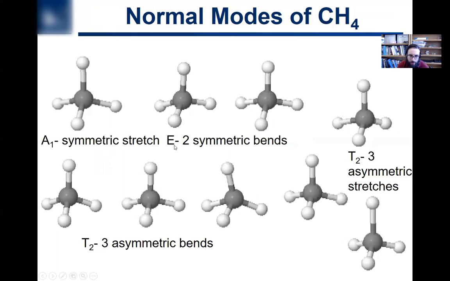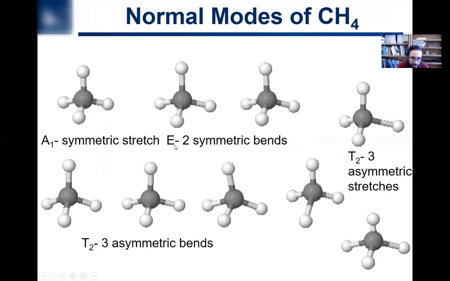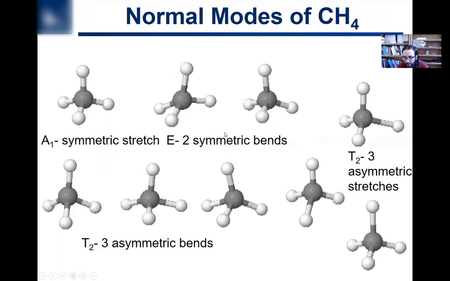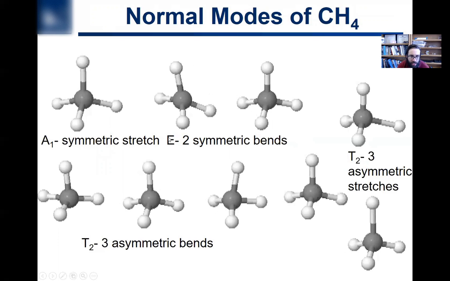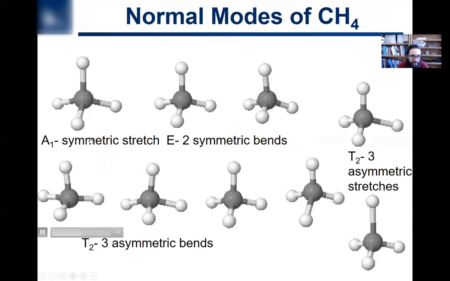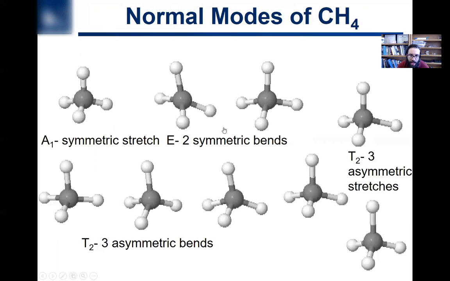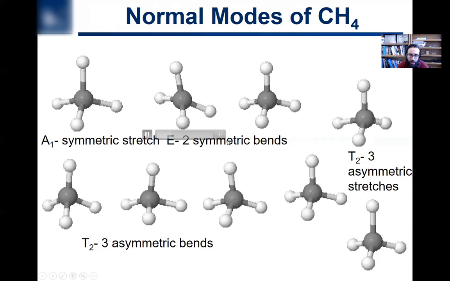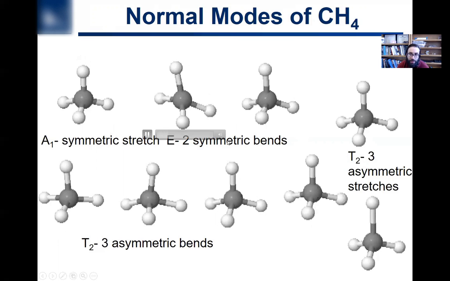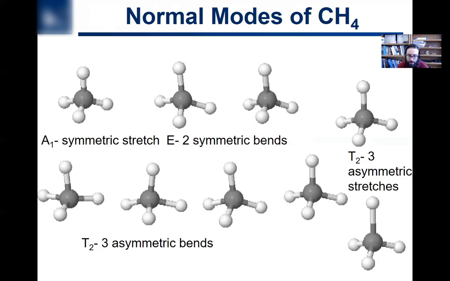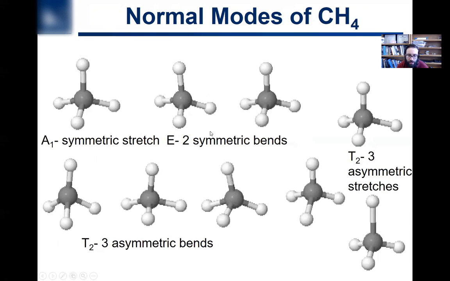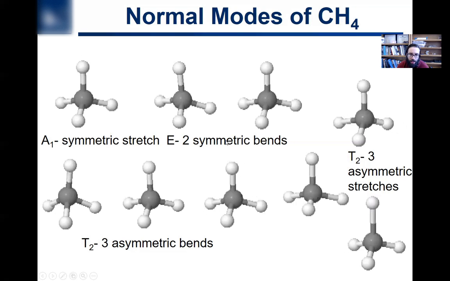But since it's not A1, we should call it asymmetric. But again, that distinction doesn't really matter. What matters to us, these are E bends. This is an A1 bend. These are 2 E bends that have the same symmetry and they have the same energy. They're degenerate, we say. We call them degenerate. They have the same energy.